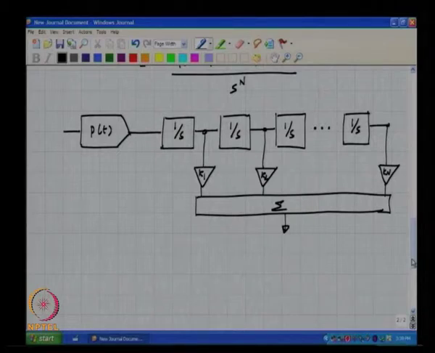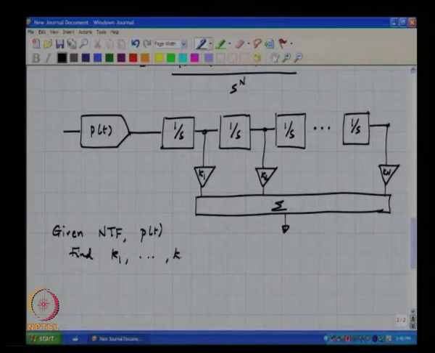You understand? So, can you now tell me how we will find k1 through kn? In general, given the NTF you want to realize, given p of t, find k1 through kn.